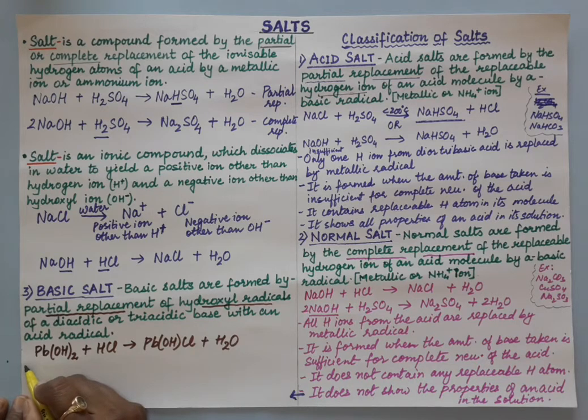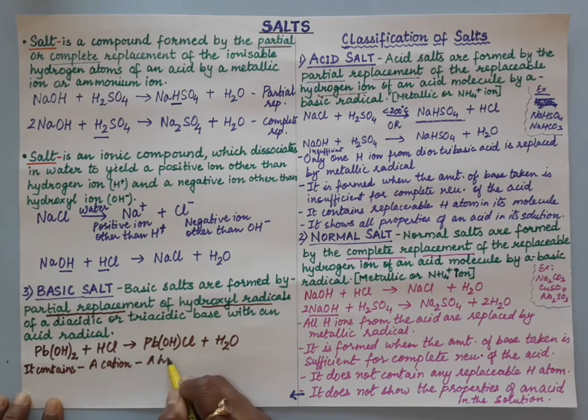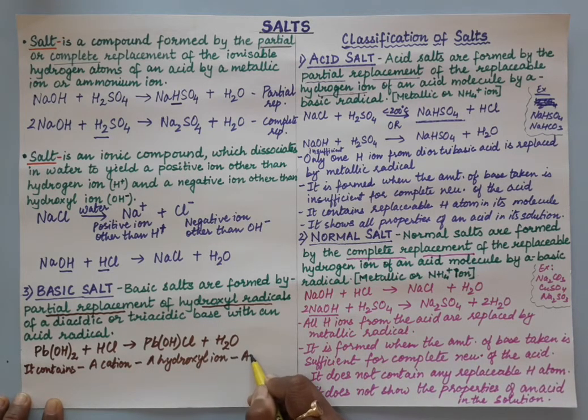So basic salt contains a cation, here lead, which is metallic, then a hydroxyl ion from a base, and another one is an anion from an acid.